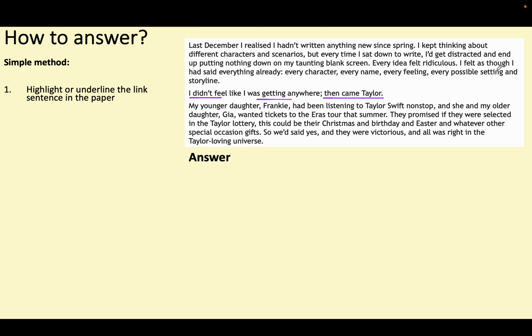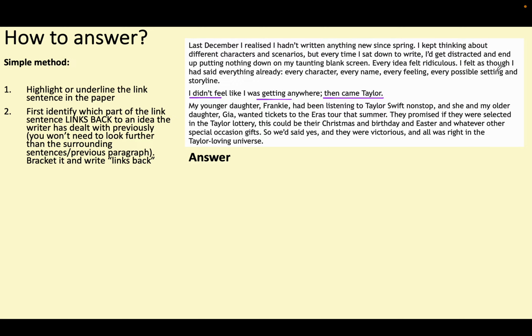Okay, so first thing, always highlight or underline the link sentence in the paper. So obviously this is the question that I showed you on the previous slide. How does that sentence that I've just underlined form a link at this point in the passage? First step is that we then have to identify which part of that sentence links back to an idea the previous writer has dealt with.